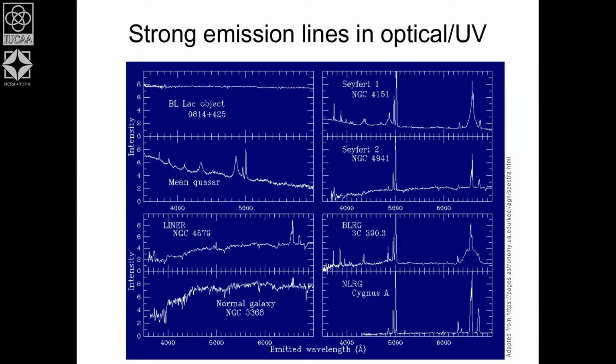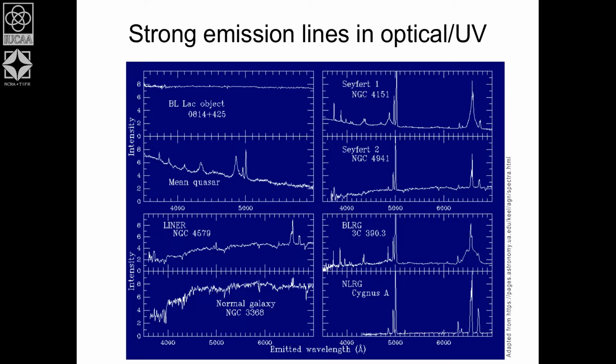If the jet is pointing away from us, then because the jet is moving with relativistic speed, the emission from the jet is beamed along the direction of the motion. So most of the emission is directed away from us. Then we are not seeing the very strong jet emission, but we are looking at the central engine, and that's why we have the narrow emission lines and broad emission lines.